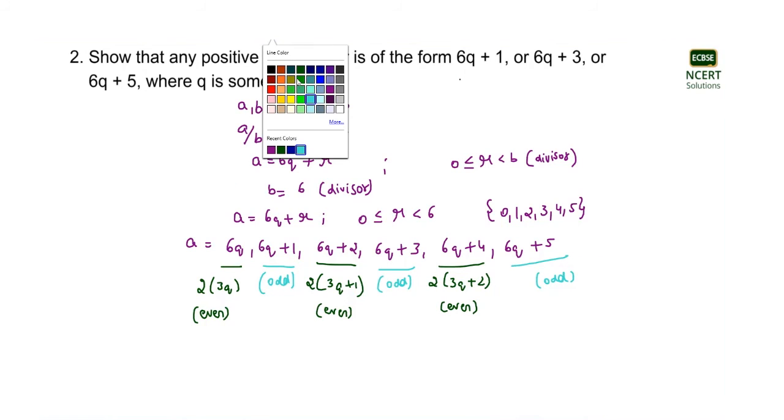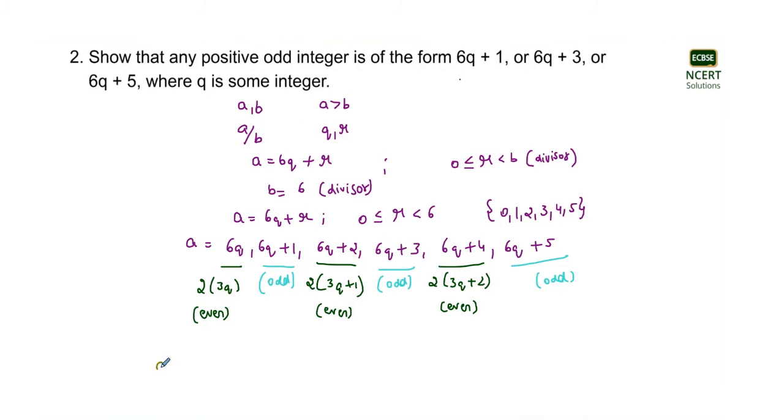So we can conclude from this step that any positive odd integer is of the form 6q plus 1, 6q plus 3 or 6q plus 5, which means that these three forms are possible for the number to be an odd integer.